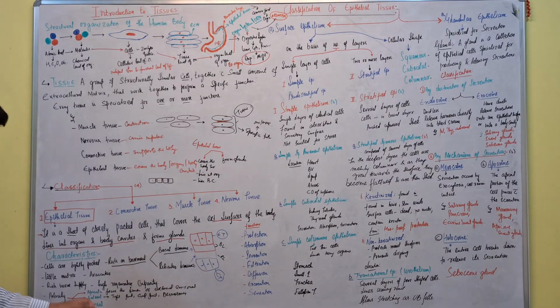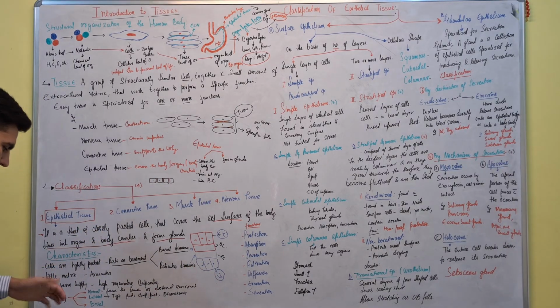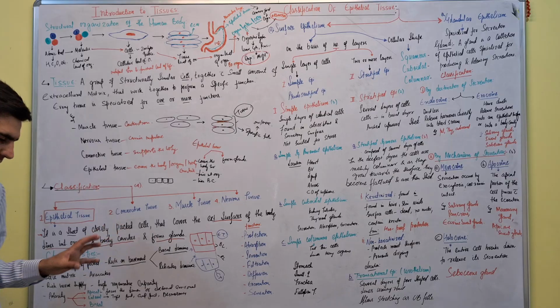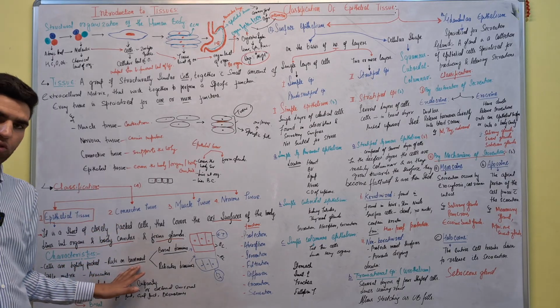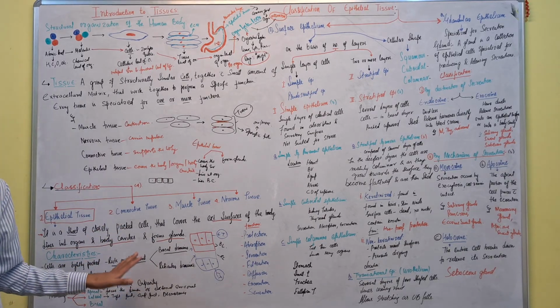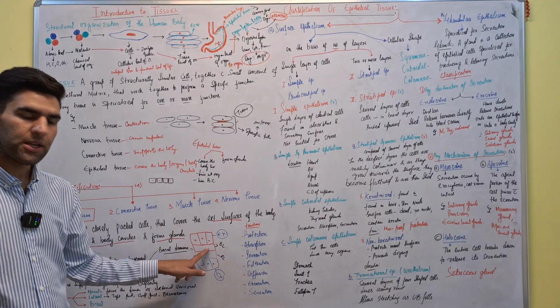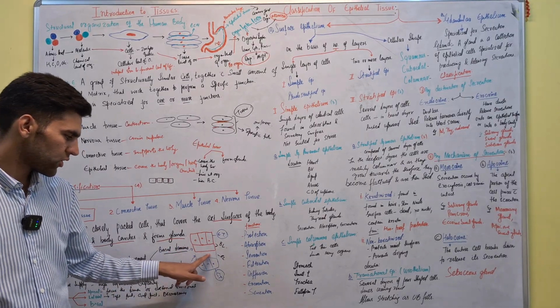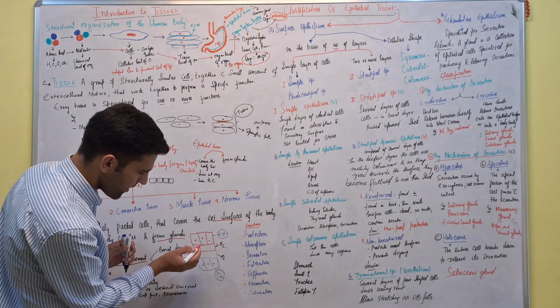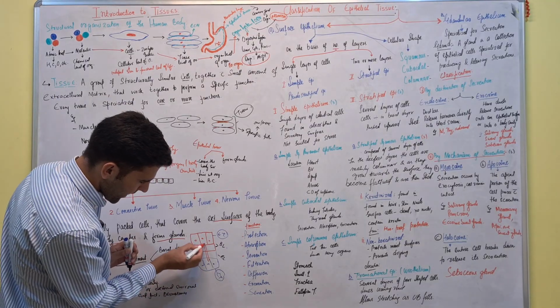Now coming to the polarity, it has three surfaces: the apical surface, the lateral surface, and the basal surface. Almost all epithelial tissues lie on a basement membrane, with a few exceptions. This basement membrane anchors the epithelial tissue, supports it, and connects it with the connective tissue.